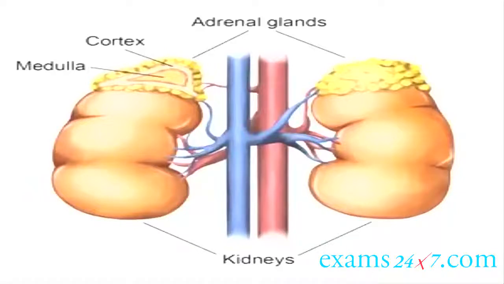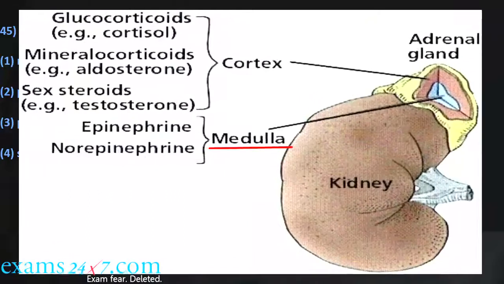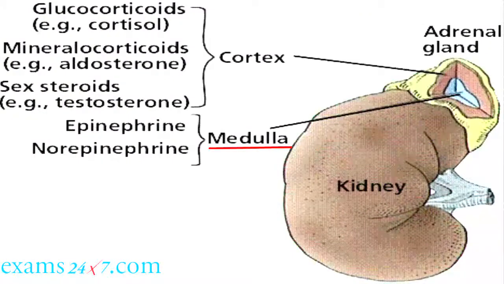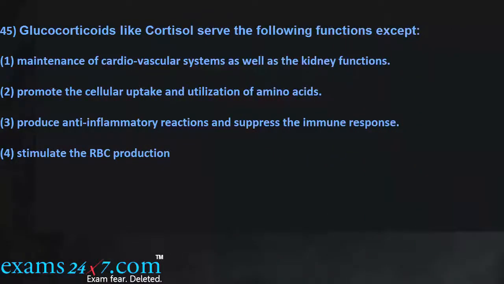Adrenal cortex and adrenal medulla. Adrenal medulla secrete emergency hormones, what we call as adrenaline or epinephrine and noradrenaline or norepinephrine. Whereas adrenal cortex is associated with secretion of glucocorticoids, mineralocorticoids and sex hormones. Here it relates to cortisol, that is glucocorticoids.